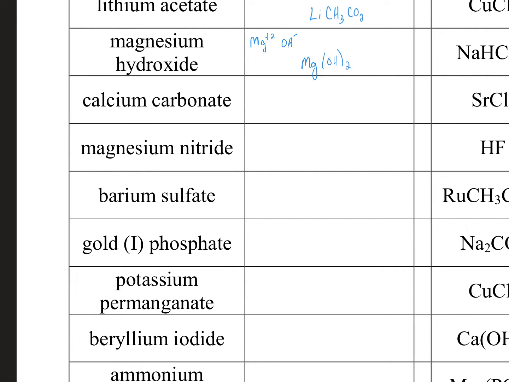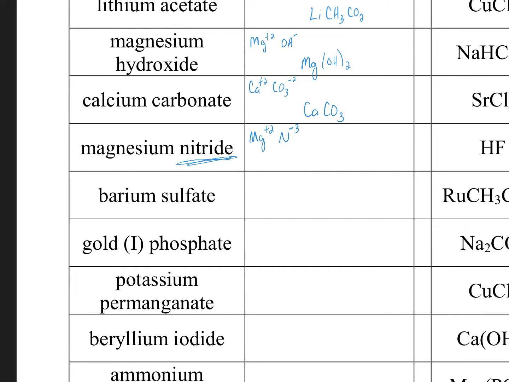Next we have calcium carbonate. Calcium has a +2 charge. Carbonate is CO3 with a -2 charge, so that becomes CaCO3. Next we have magnesium nitride, so that's just nitrogen. Mg has a +2 charge. Nitrogen has a -3 charge.